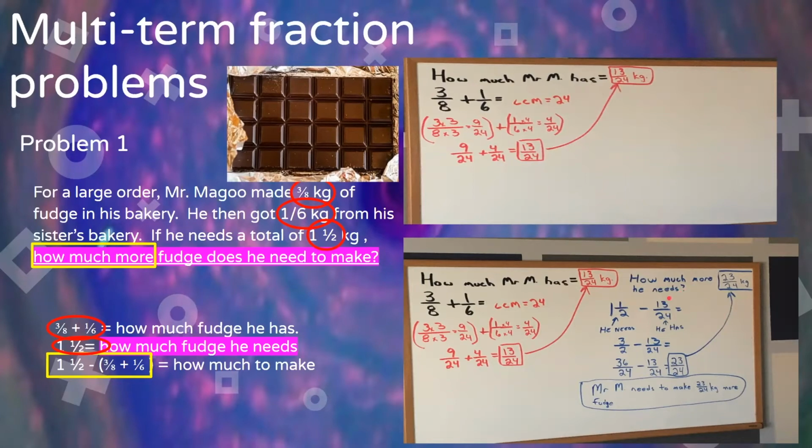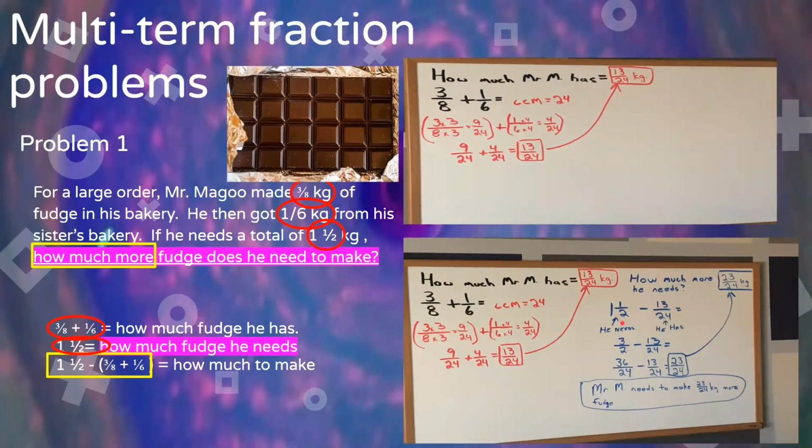So we know that he needs 1 1/2 kilograms, and he has 13/24 kilogram. So again, hopefully we notice we don't have like units. So what do we have to do?